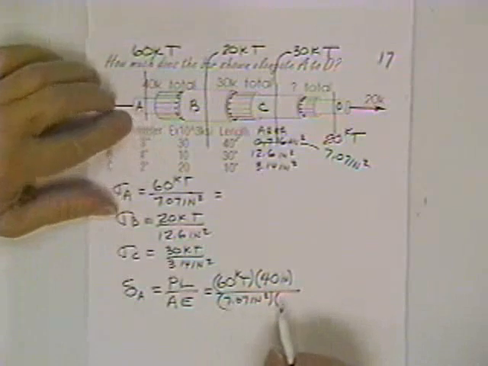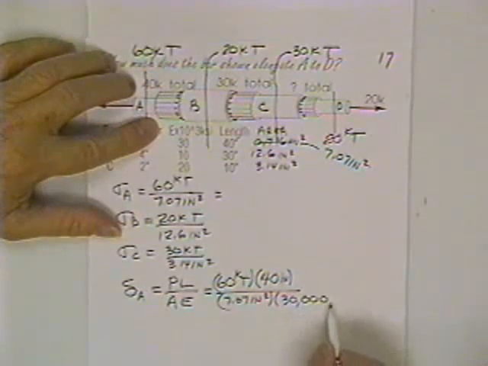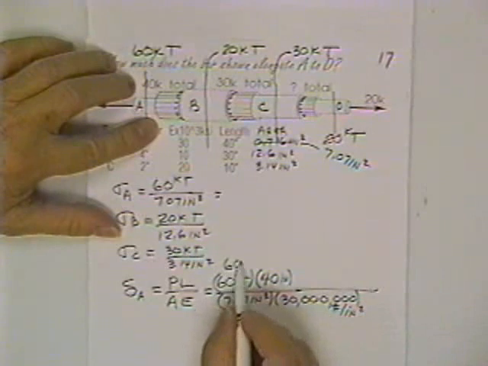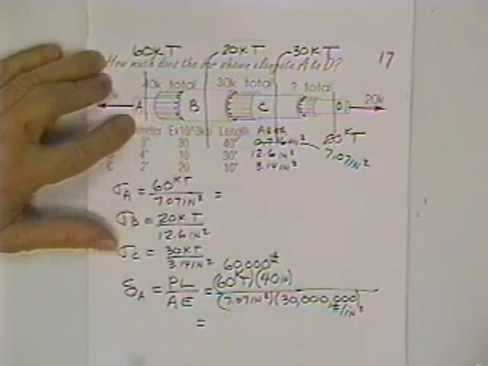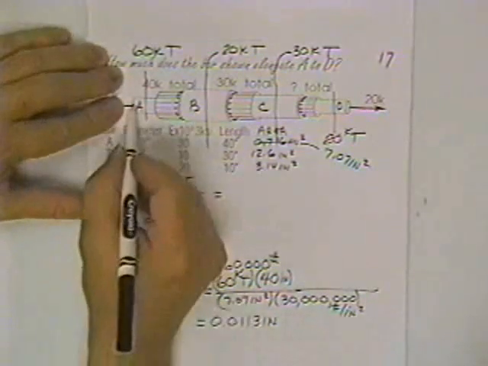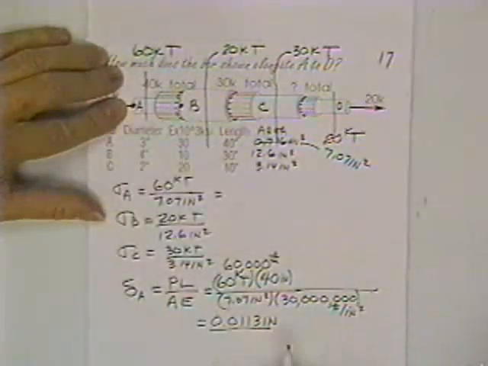And E, that's not steel. He says it's 30,000. Oh yeah, that is steel. That's 30,000 KSI. That's 30 million pounds per square inch. And this is 60K. I probably should have just left it K. That would be 60,000 pounds of load. And so this little piece of bar right here is going to stretch 0.113 inches. In other words, point A and point B separated by this quantity.